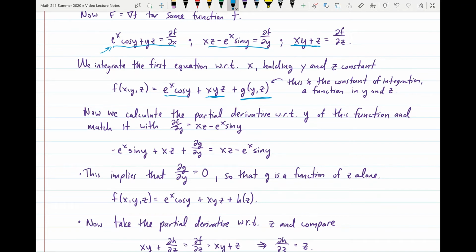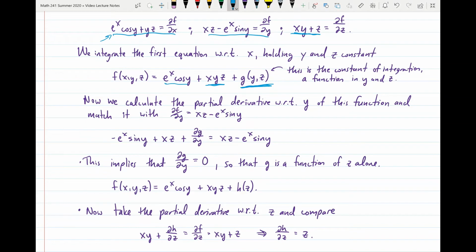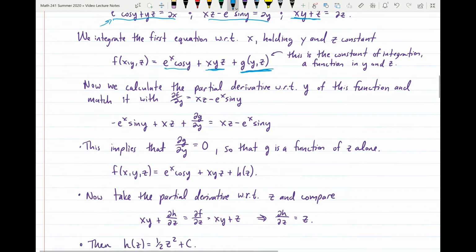And for that reason, the constant of integration, when we're taking the integral with respect to x, is actually going to be a function in terms of just y and z. So notice that this g of y, z does not have any x's showing up inside of the function there. It is a function purely in the variables y and z.